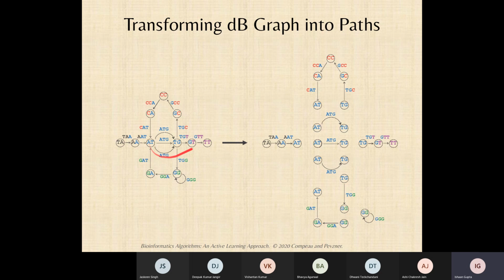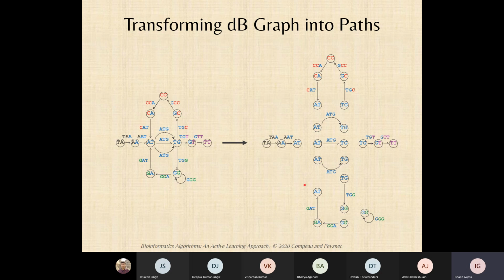So how do we do this? Let's take one of the original examples that we were working with. In this case, you make sure you get only those nodes which have in degree and out degree of 1. When we take this path, in degree and out degree are all 1. Then we break these into smaller paths.